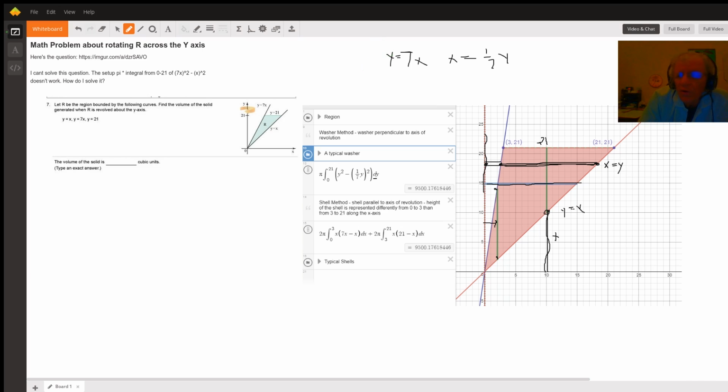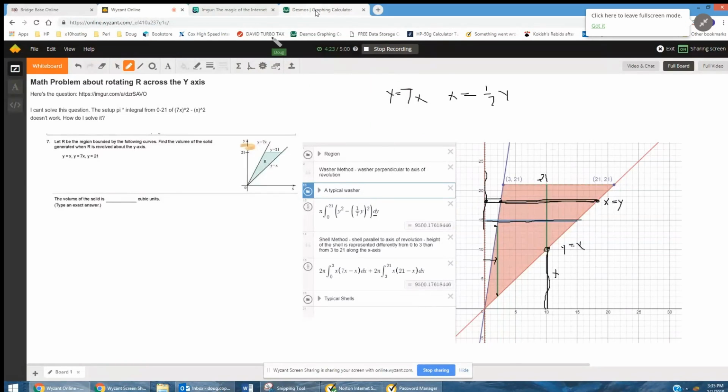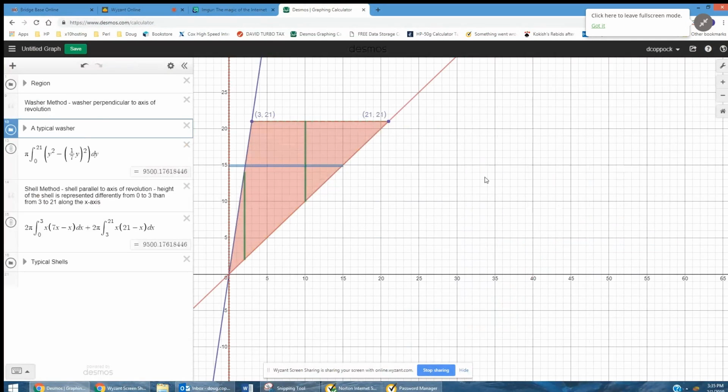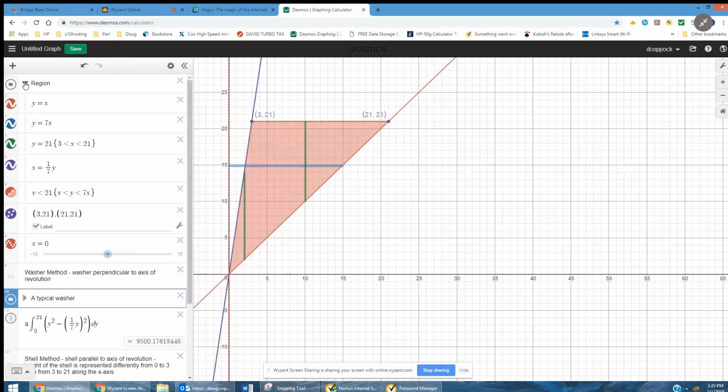And I'm going to share my screen. Here is where I copied this picture from Desmos, and there's how I set up the region right there.